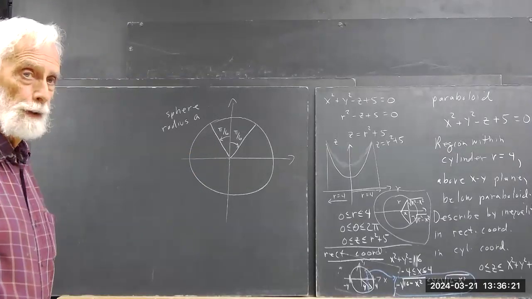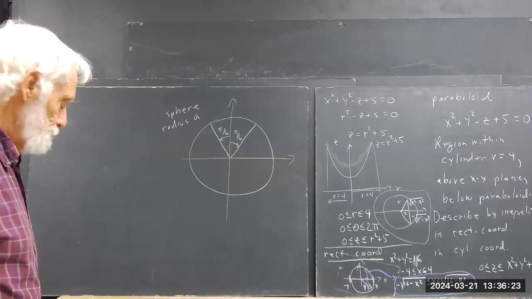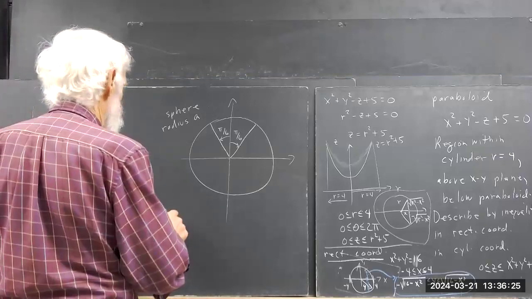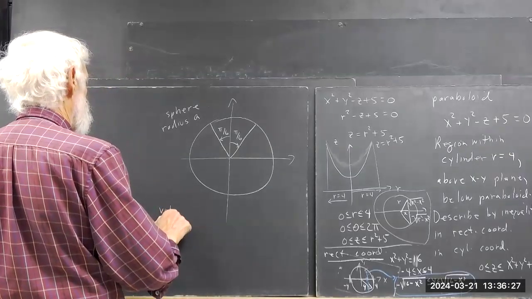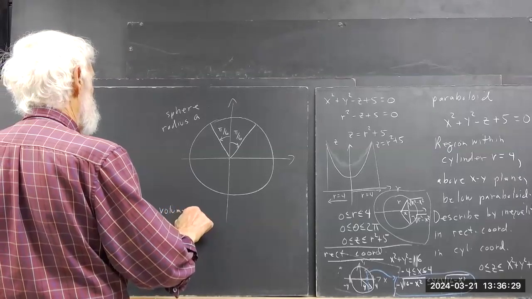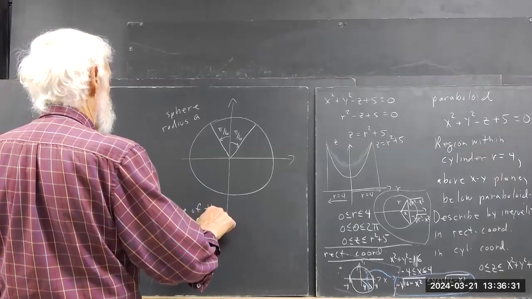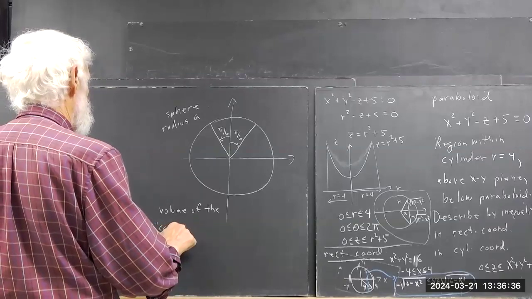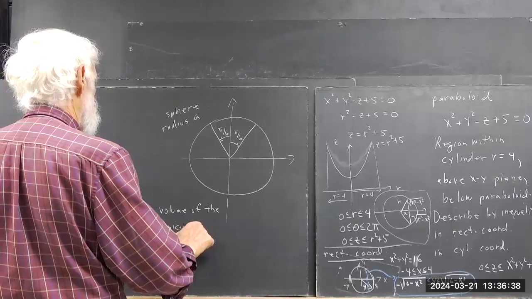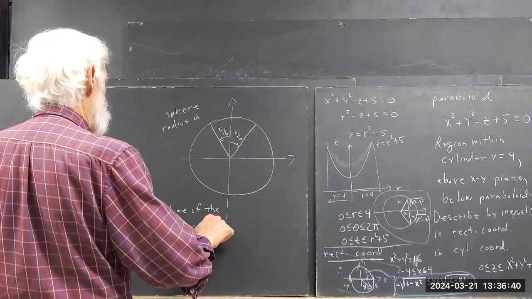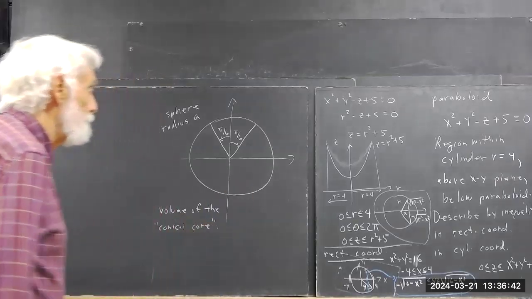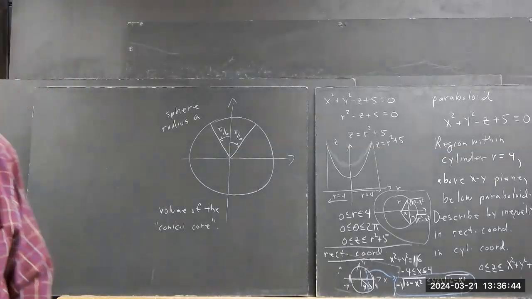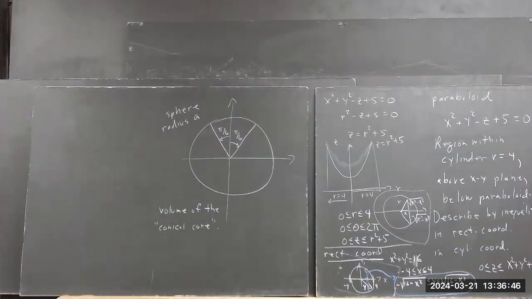What's the volume of that solid of revolution? I'll call that a time four. How do you set that up as a region in spherical coordinates?